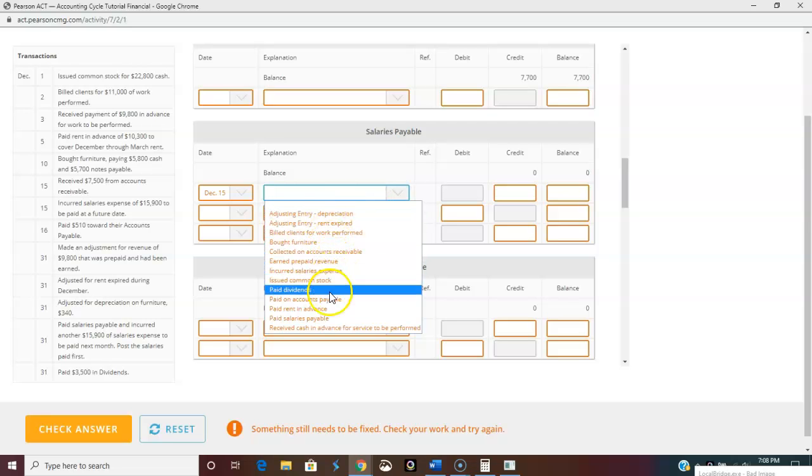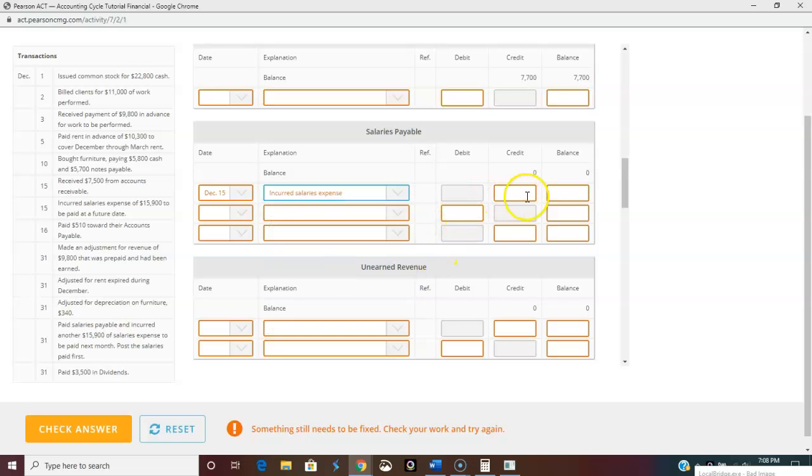Incurred salaries expense. This is where it's like what do they want me to put here? I'm going to put incurred salaries expense and put credit of 15,900. And then we'll leave it there.